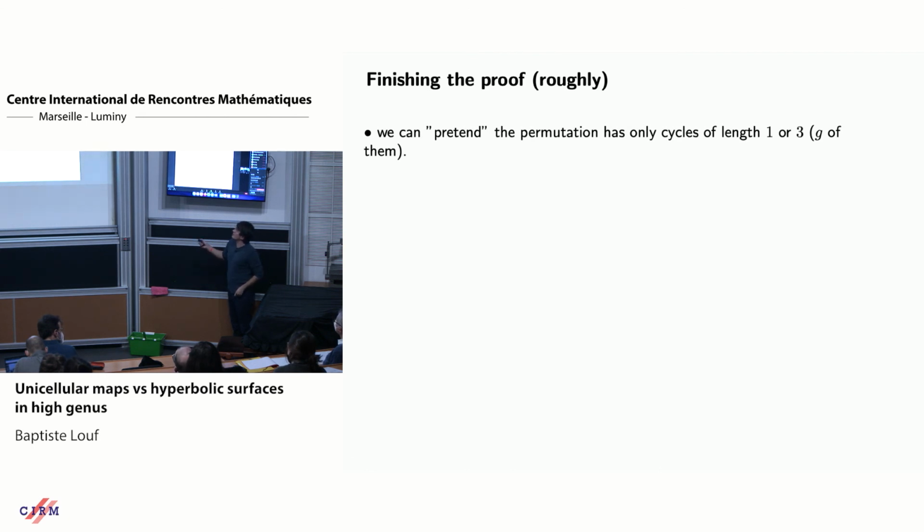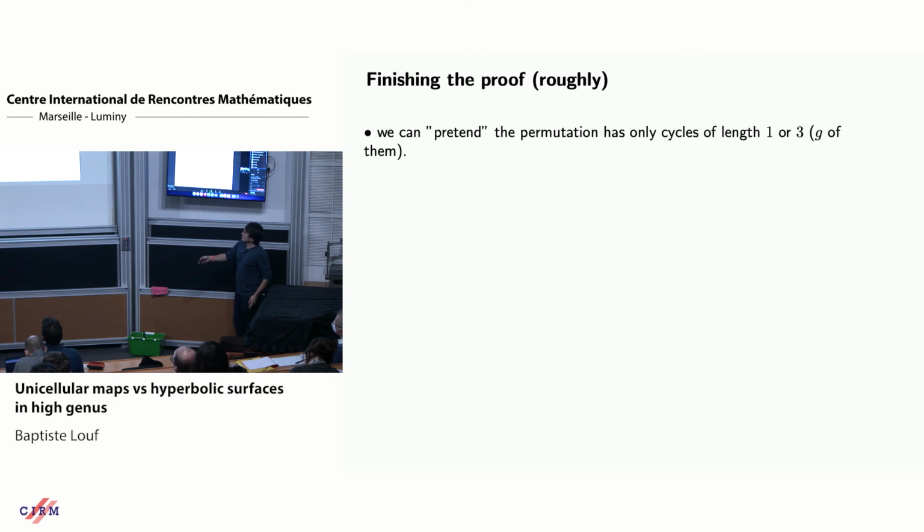And in this case, you have G of them. This is not exactly true, but what I'm saying is that you get moments of numbers of cycles. You get enough moments so that everything works as if there is no cycle of length 5 or whatever. I mean, there are cycles of length 5, but you're just not going to see them.